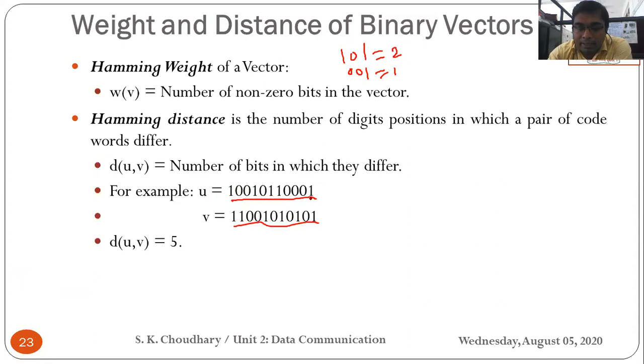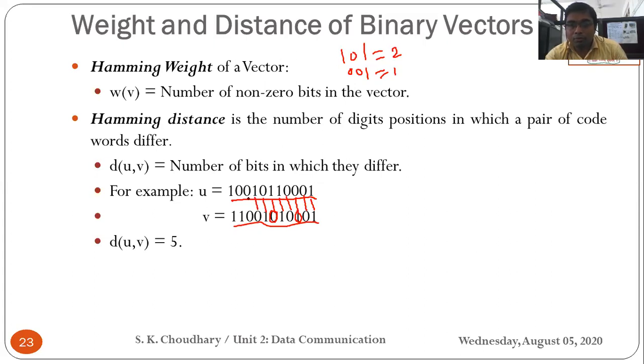So we start from the LSB; both are the same. Here again same. In the third position there is a difference, so the count is 1. Then again same, again same. Again it differs: 2. Then again different: 3.